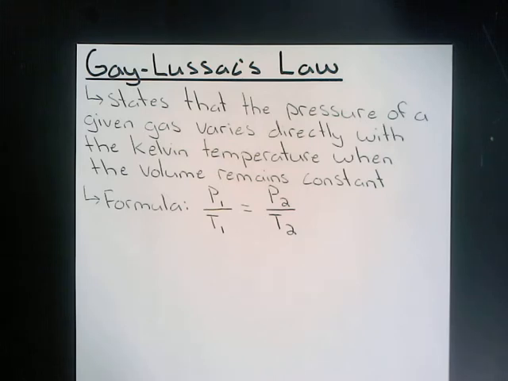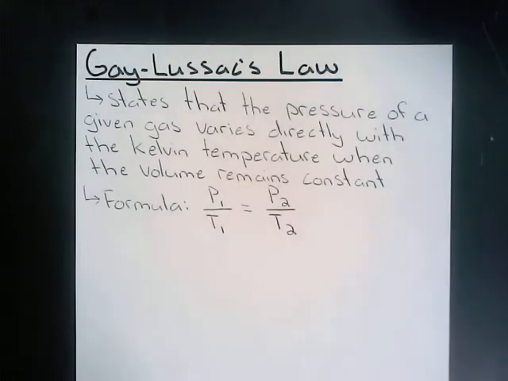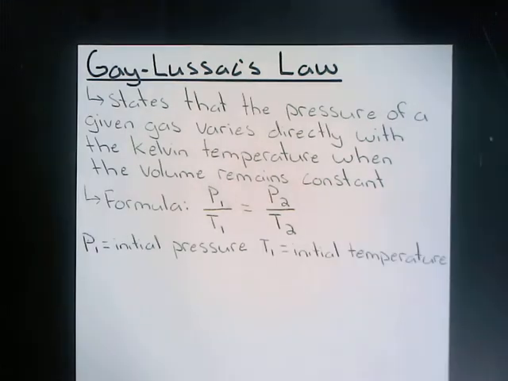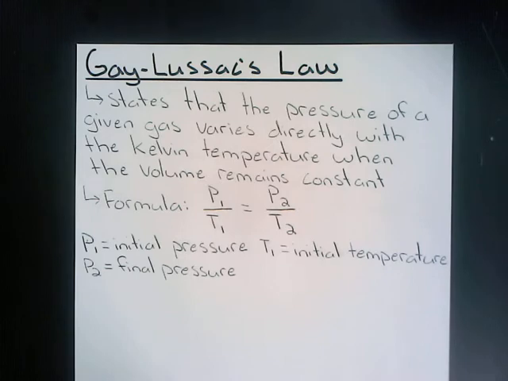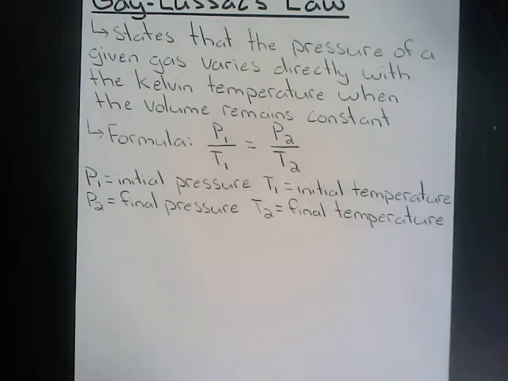Okay, so what we need to do here is identify our P1 is our initial pressure, and our T1 is our initial temperature. Our P2 is our final pressure, and our T2 is our final temperature. Now, again, our temperature must be in the units of Kelvin.